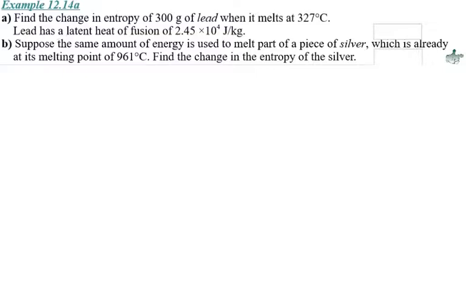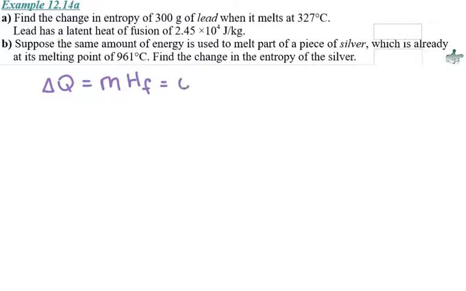At first I'm going to find the heat needed to melt the lead. Delta Q, the heat added into the system, equals the mass of the lead times the latent heat of fusion.